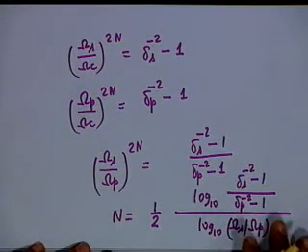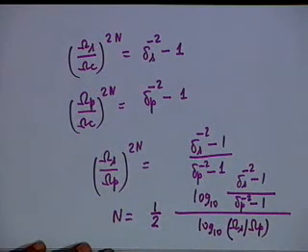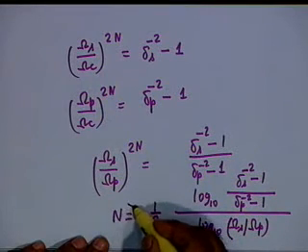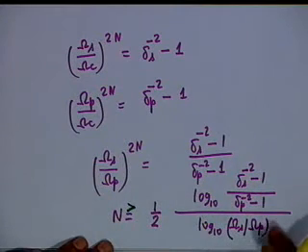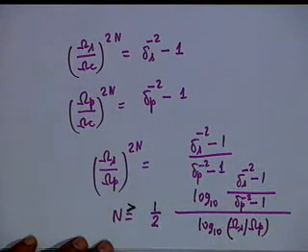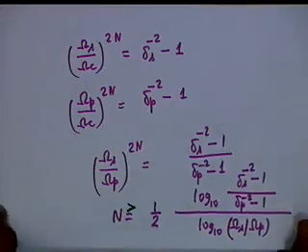This is the general formula for determining the order of the Butterworth filter, and in order to emphasize that capital N may or may not be an integer, this right hand side may or may not be an integer, n should be greater than or equal to this. Okay? So once you obtain capital N, the next step is to obtain omega c, and there are two equations which compete with each other.